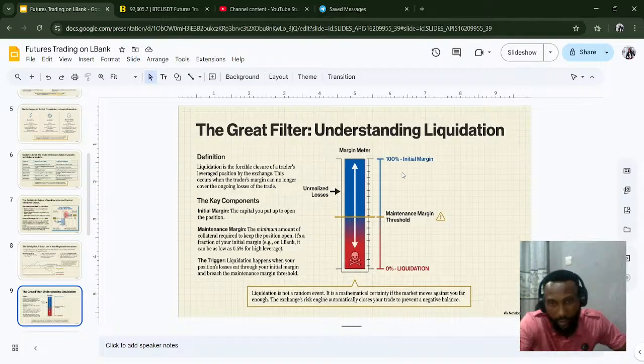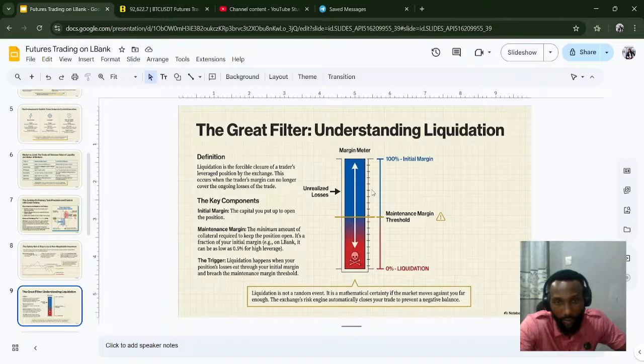Okay, so let's use this diagram to explain it better. It's called the margin meter. So this is your initial margin, 100% here.